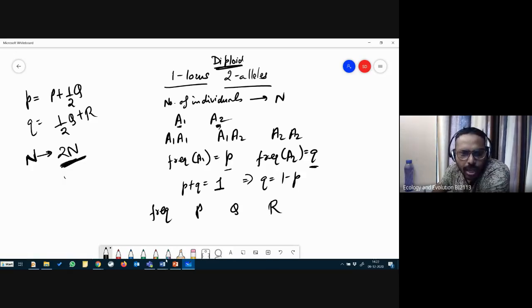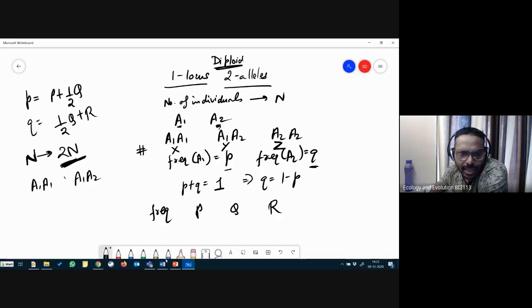The A1 allele is present in A1A1 individuals, and it is present in A1A2 individuals, correct? So how many A1 alleles do I have in the population? Let's say there are X individuals of type A1A1, Y of type A1A2, and Z of type A2A2.